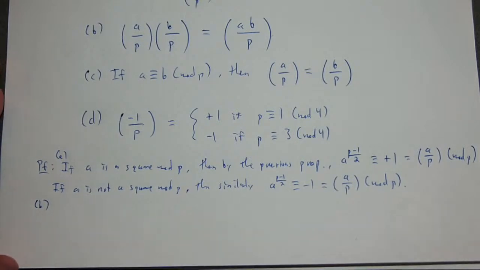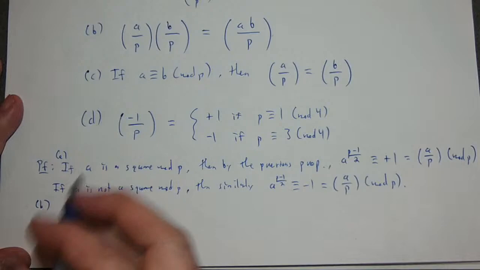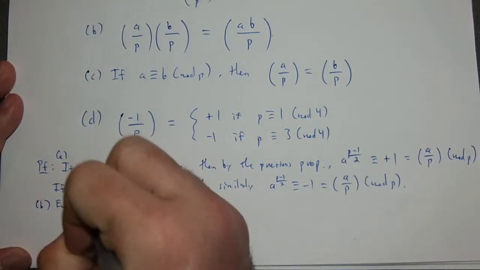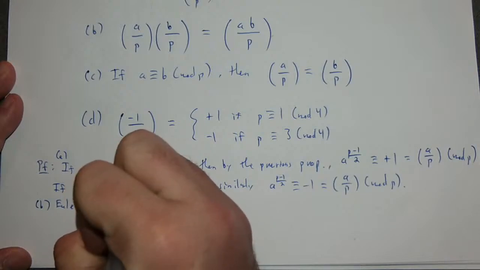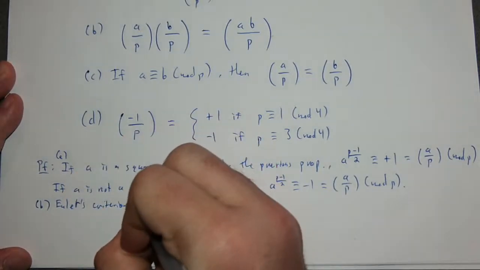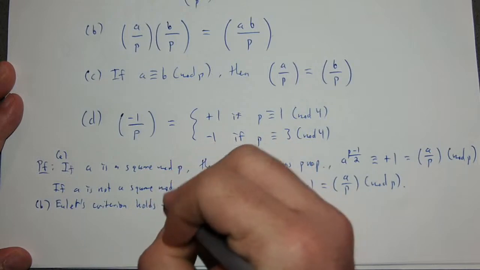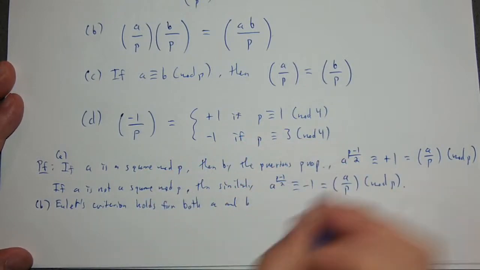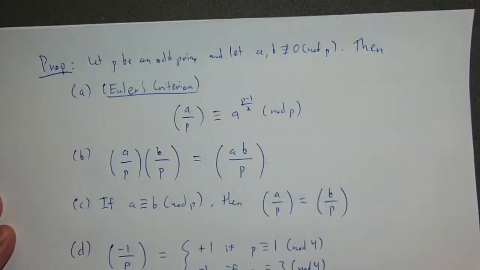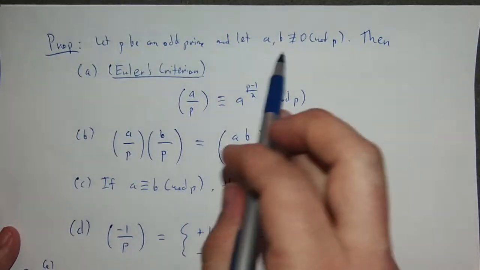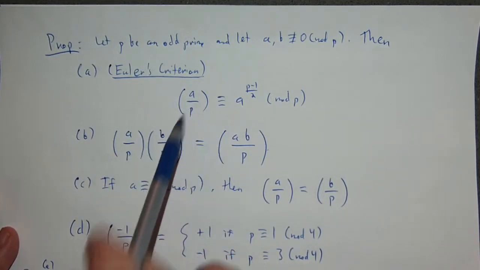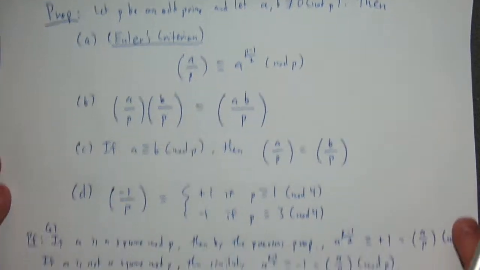The B part. So how does this work? Well, Euler's criterion, now that we've shown it, holds for both A and B, since there's no difference between our assumptions of A and B. Right, so yes, we stated Euler's criterion for A, but obviously I can swap B in here and nothing changes.